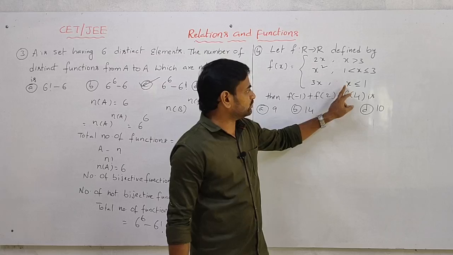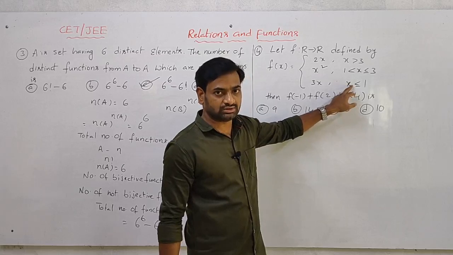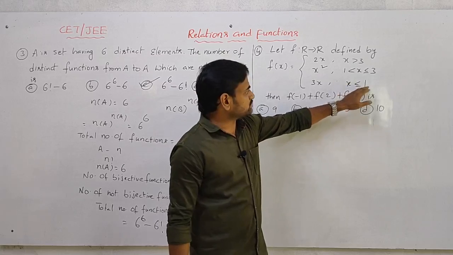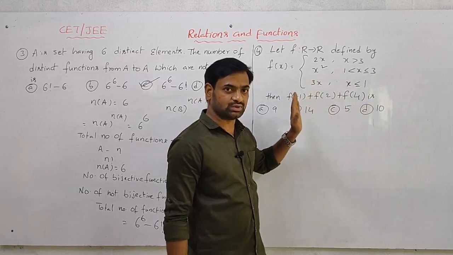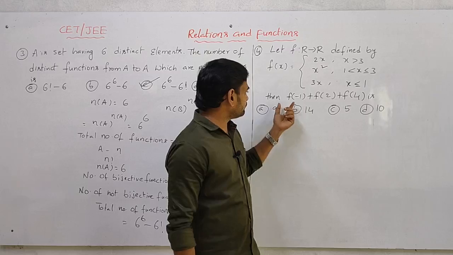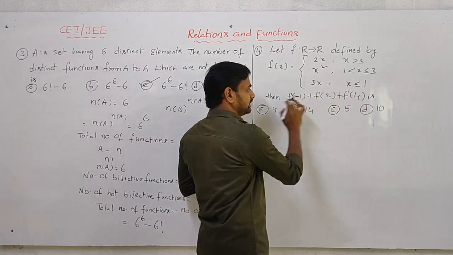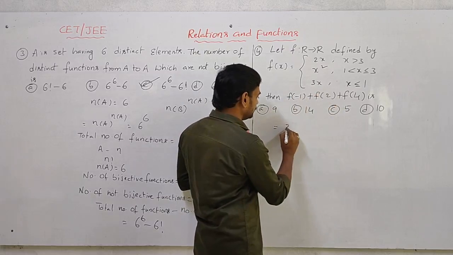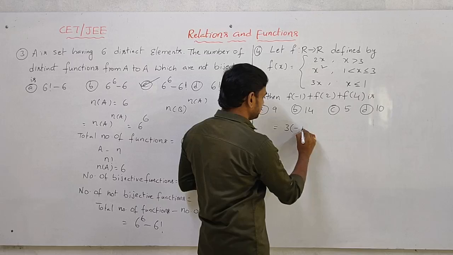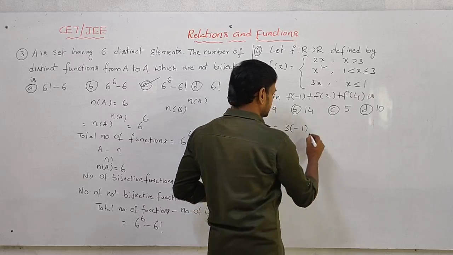X less than or equal to 1 means here will be the minus 1, x values below 1, 0, minus 1, like that. So you have to take this function for this value, that is 3 into x value, minus 1, 3x.